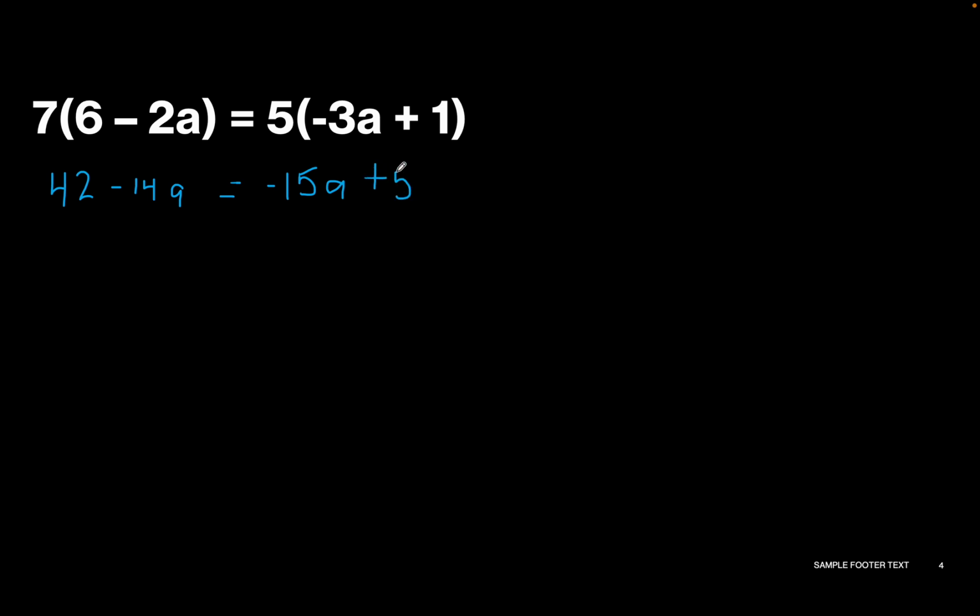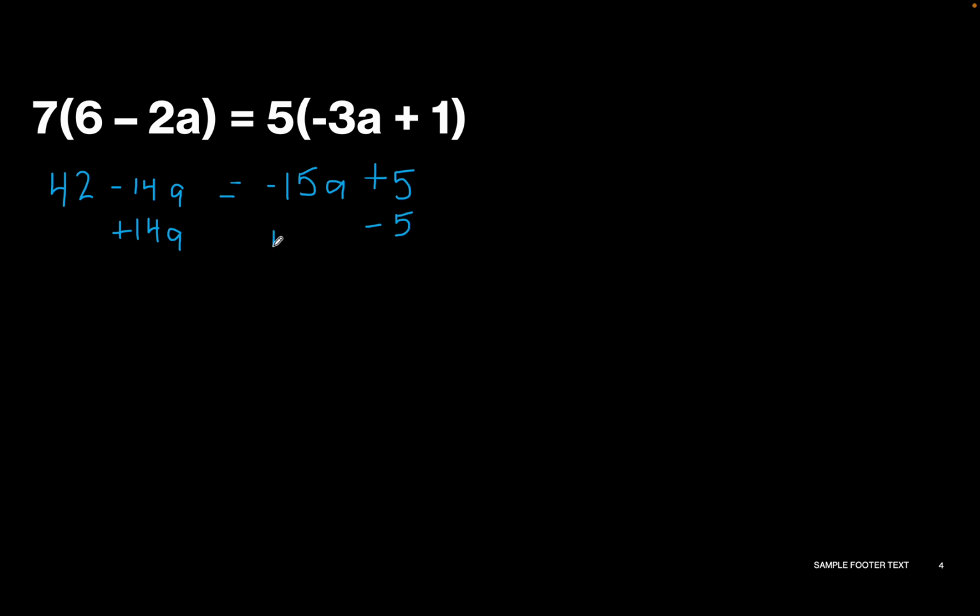Now here's the deal, y'all. Remember when I said that the a can be on either side? Well, it can. So why don't we try putting the a's on this side, the letters on this side, and the numbers on that side this time and see how it goes. I have a minus 14a, and I want to get rid of it so that it ends up on the other side. Then I'm going to subtract this 5 so it ends up on the other side.